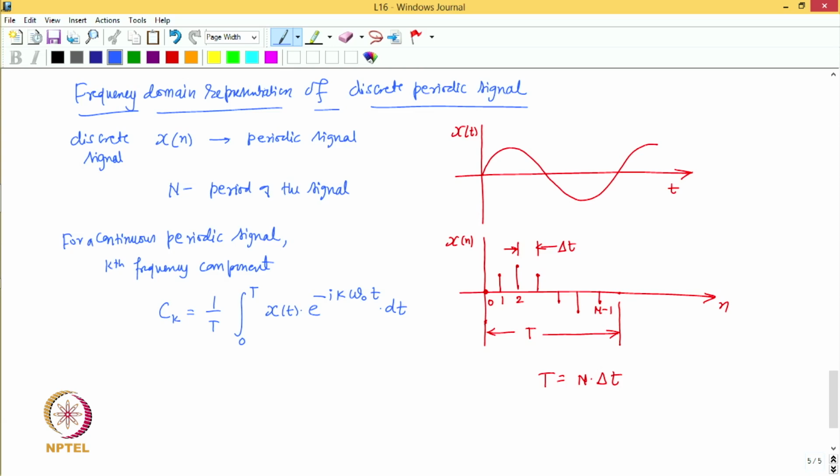So, this is the expression we got in one of the previous lectures, where we considered the frequency domain representation of a continuous periodic signal, and then we developed the complex form of the Fourier series expansion.